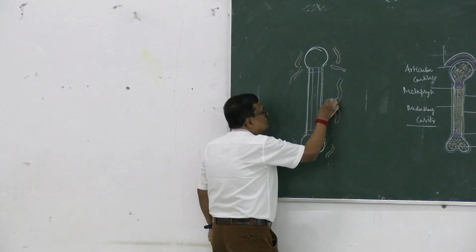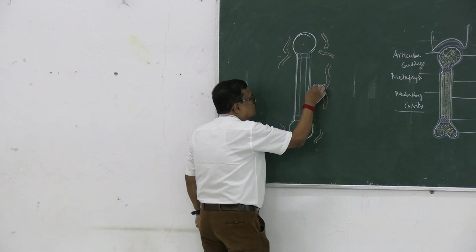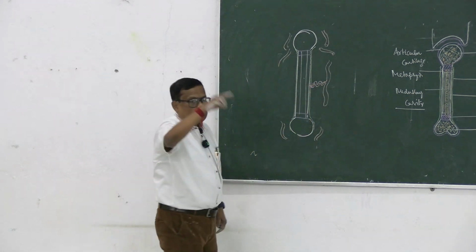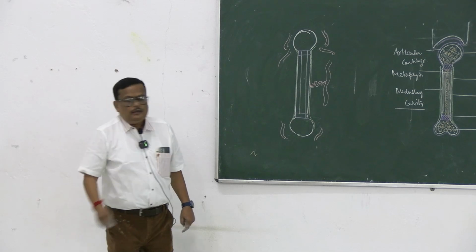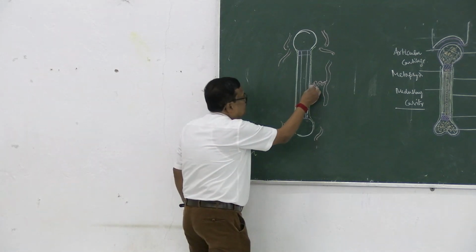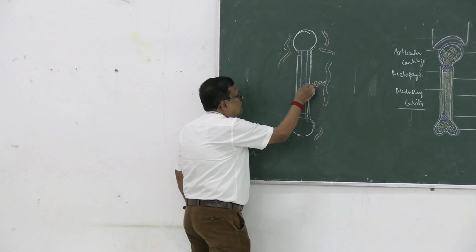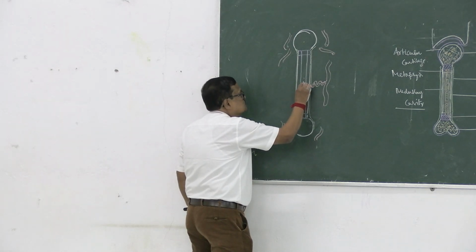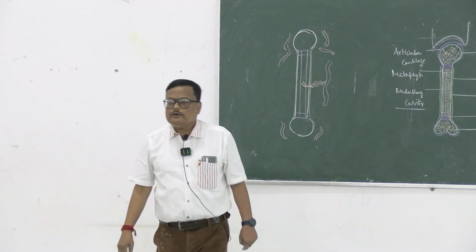Initially it becomes tortuous. Tortuous means like this. Then it pierces the periosteum and enters the bone to reach the central part.